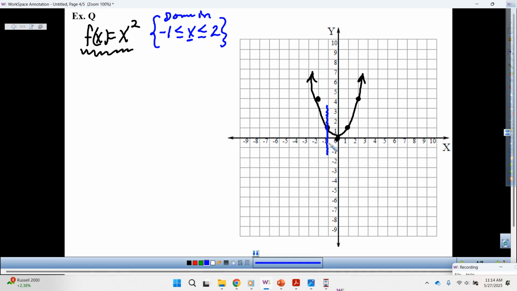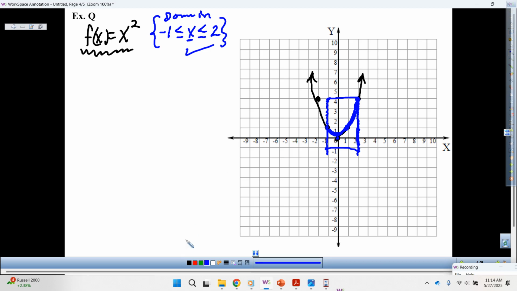And +2 of x is over here. So that means I only want to see this part. So I highlight that part. And there it is. That function only at that length. Okay. How we doing? Pretty good, yeah?